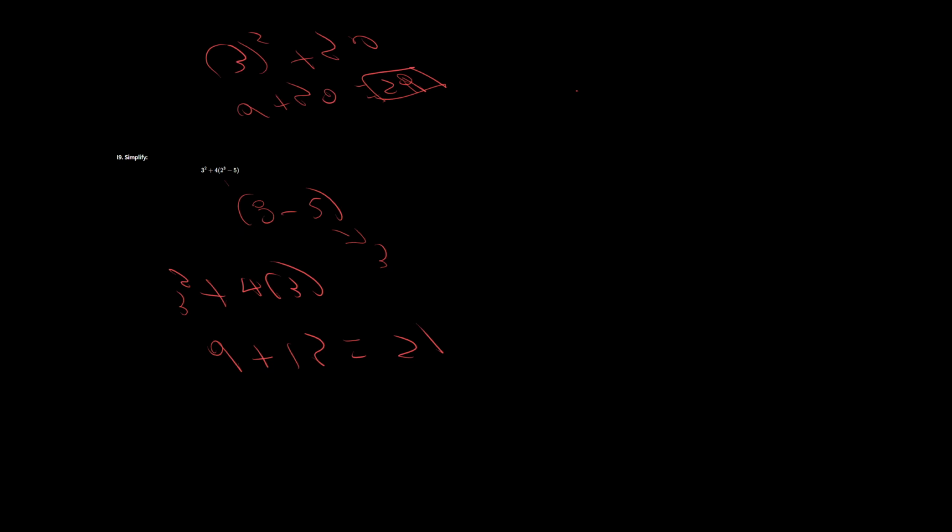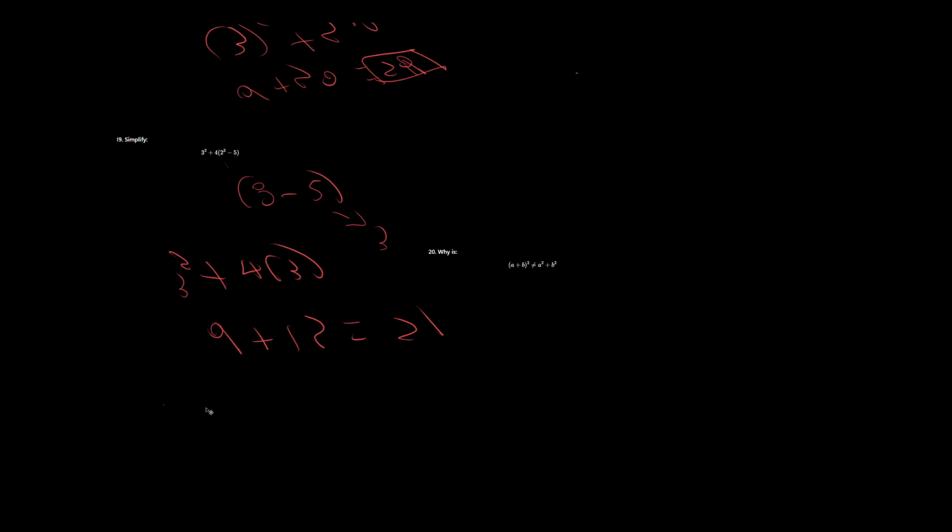I don't know why this is a part. I'll just show it. I'm not going to do it because we haven't even gone over this, but for some reason, one of the practice questions is this.